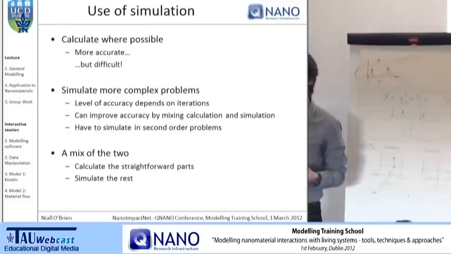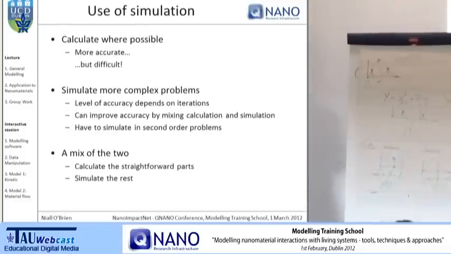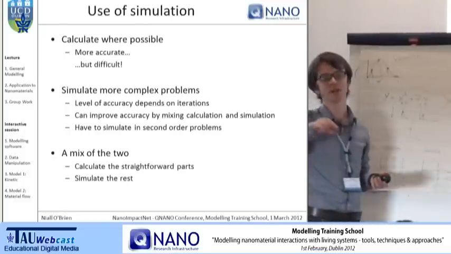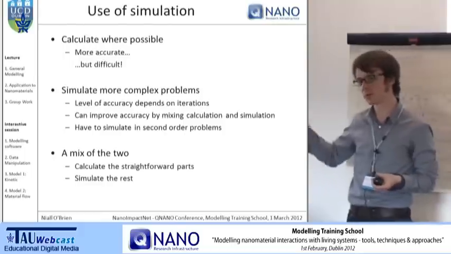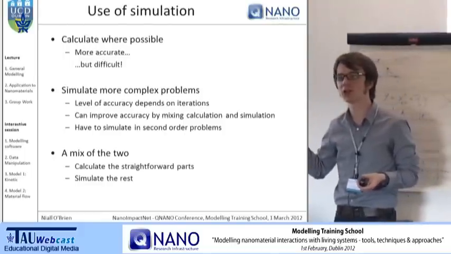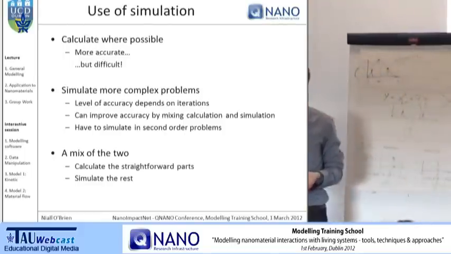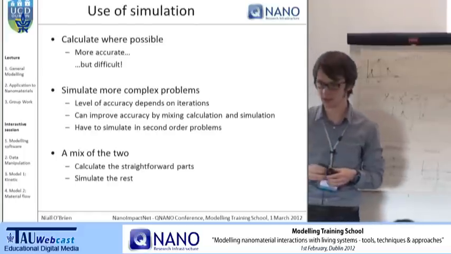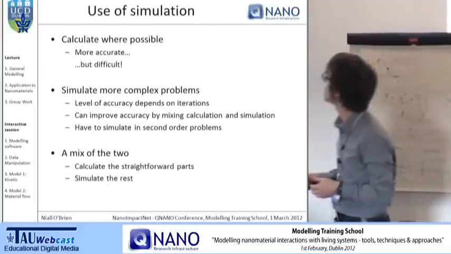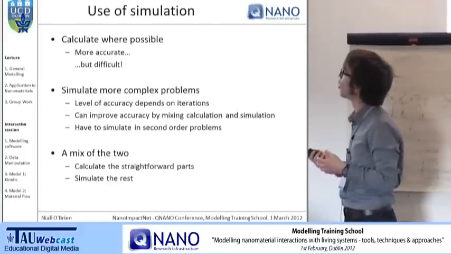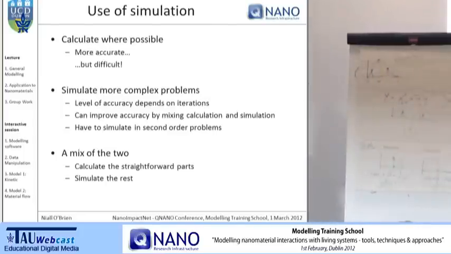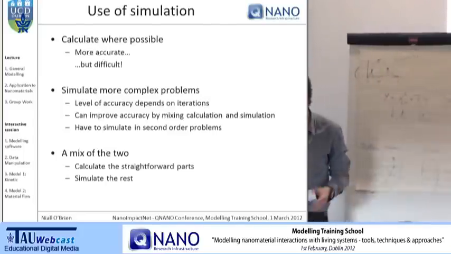Again, iteration is the number of times you run a model. And often we'll run a model either for a fixed number of times, or we run the model for as many times as it takes to reach a certain state, a state of interest. And again, often there'll be a mix of the two. We calculate the straightforward parts, simulate the rest.